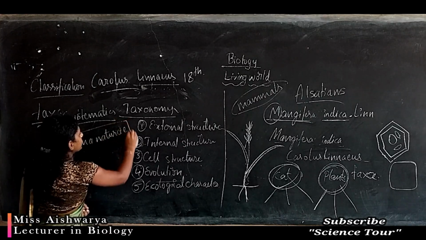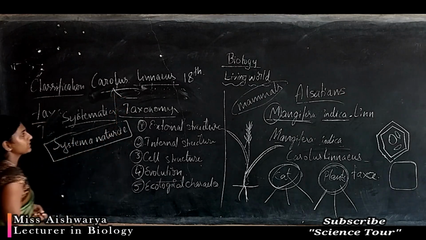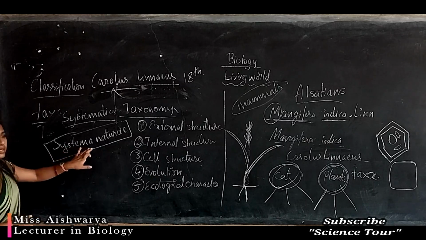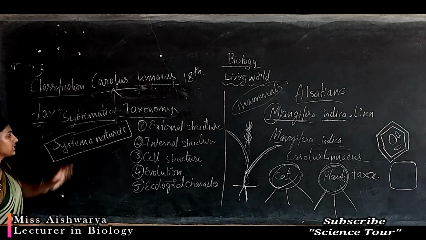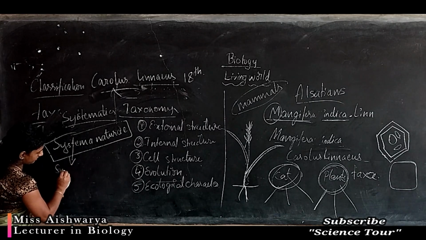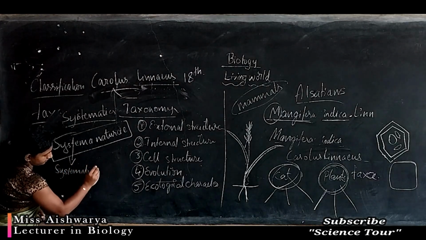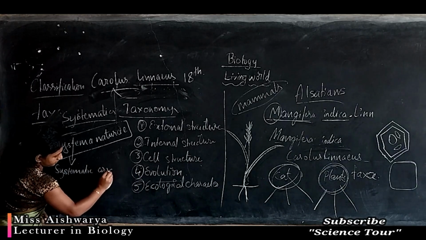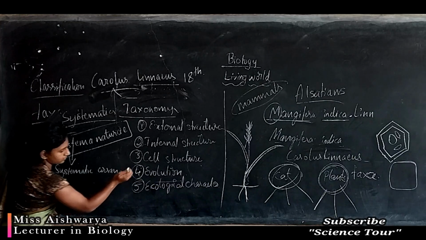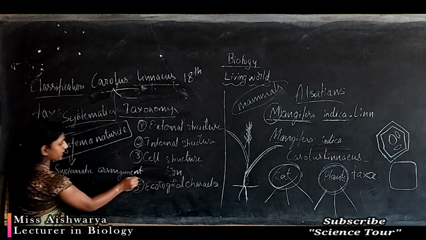Systema Naturae is a book written by Carolus Linnaeus. Systema, in Latin, means systematic arrangement.